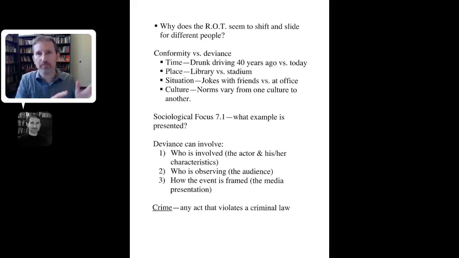So you have a crime, violation of any law, right, the criminal law, and the idea of a hate crime is a criminal act against people or property that's motivated by some racial or ethnic prejudice or some other social bias.